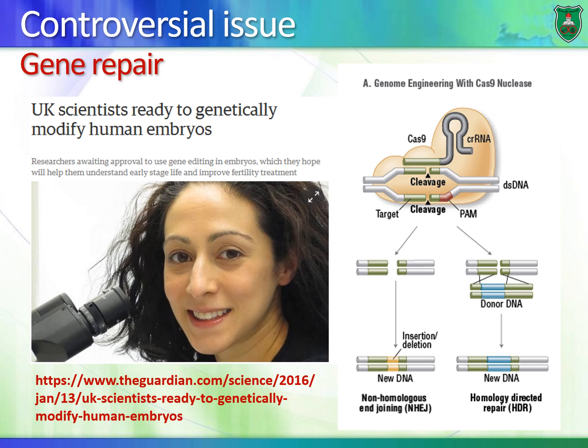And of course, it made a huge stir. It was so controversial that there was a lot of talk about whether her research should be funded or not. Eventually, it was funded in the UK because she said that she wouldn't go beyond 2 weeks post-fertilization. So it's amazing what this can do.